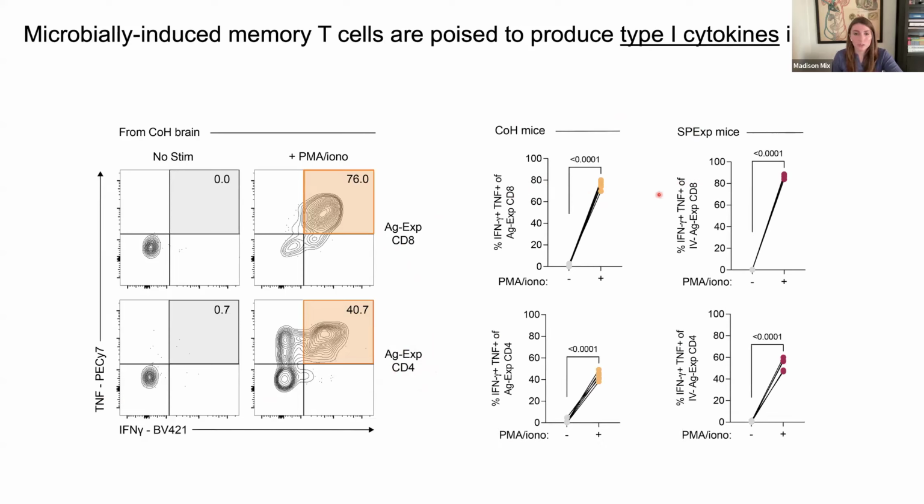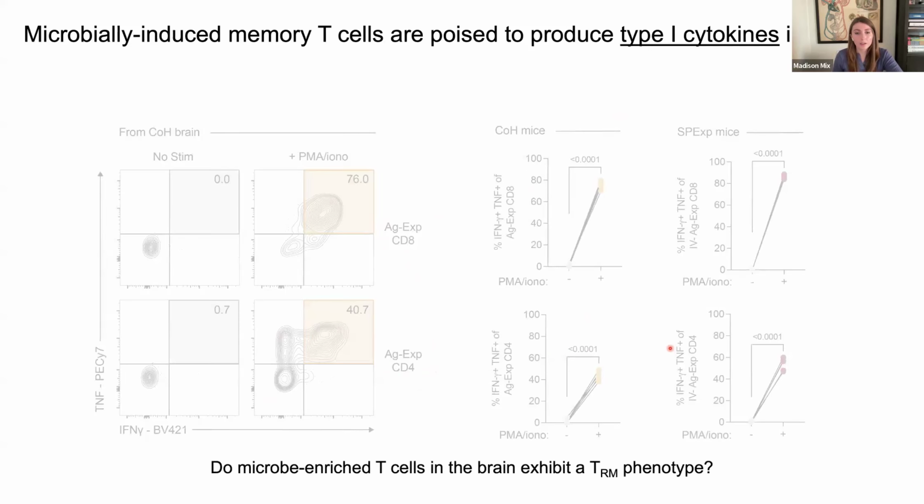And this was also true if we looked at our CD4 populations as well. So then we wanted to ask the question, these cells are enriched numerically, they are functional, are they actually resident within the brain? And so in some of the supplemental figures for both co-housed and specific pathogen experienced mice, we did stain for classic markers of tissue resident memory.